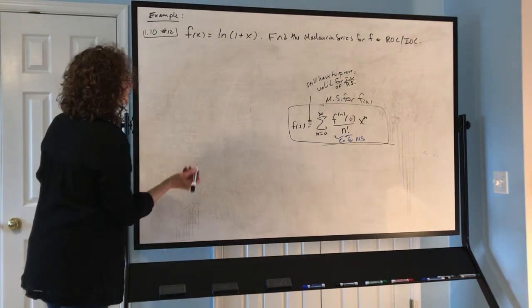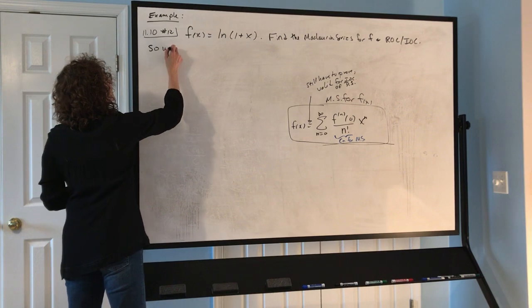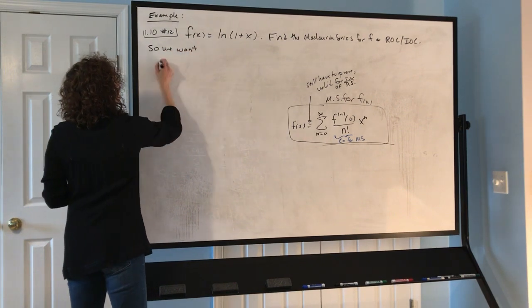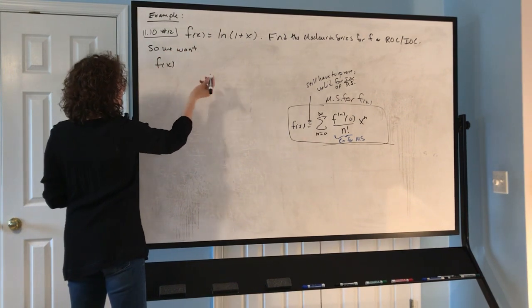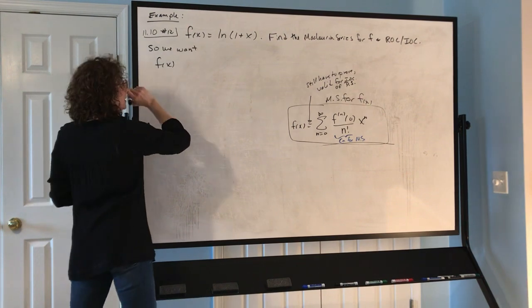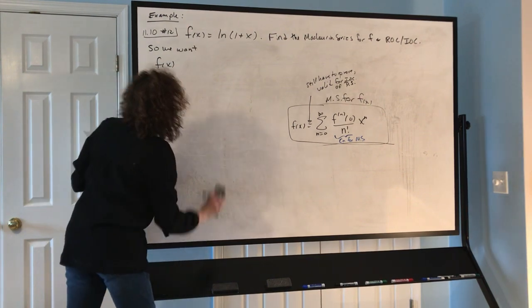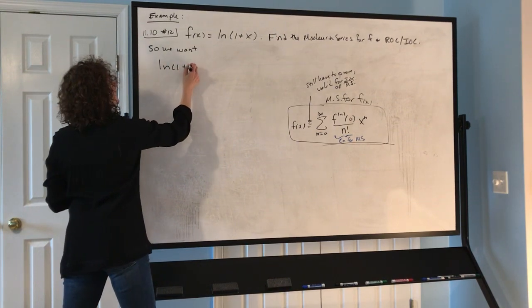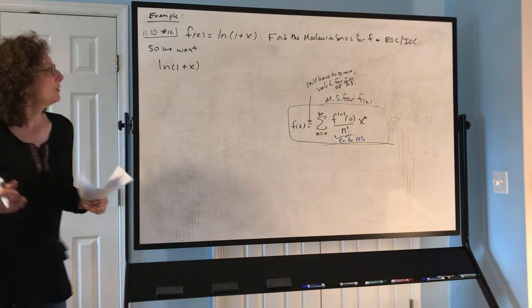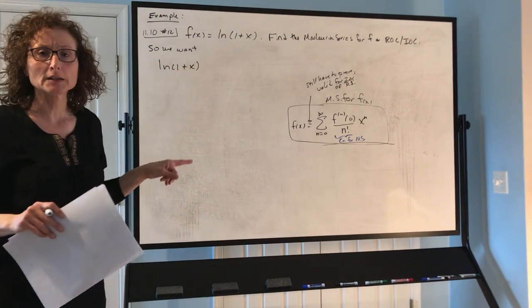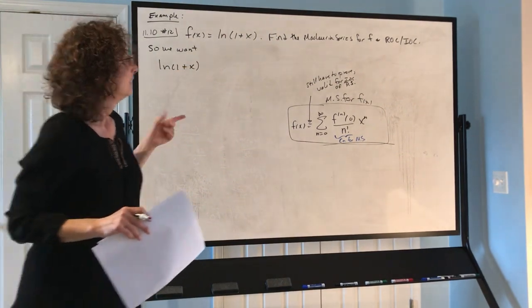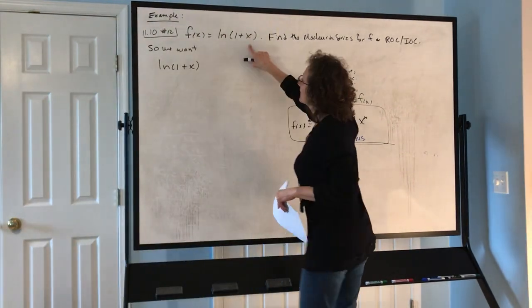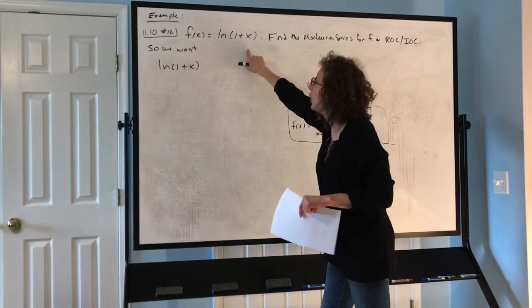So what's the deal? We want our function f of x, which is natural log of, sorry, natural log of 1 plus x. Why can't we do a Maclaurin series for natural log of x, if you're going to expand about x equals 0?